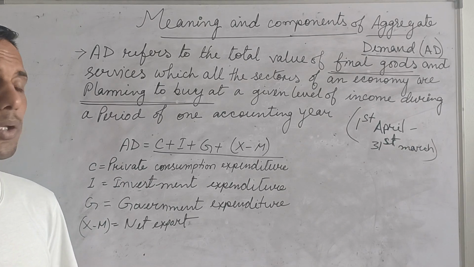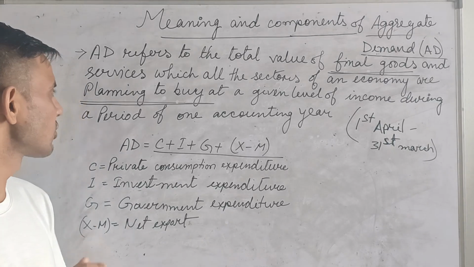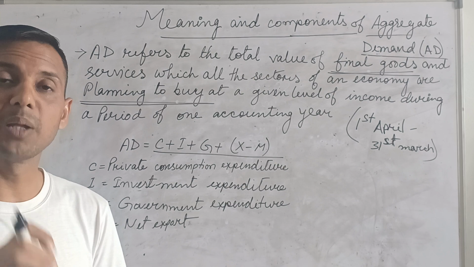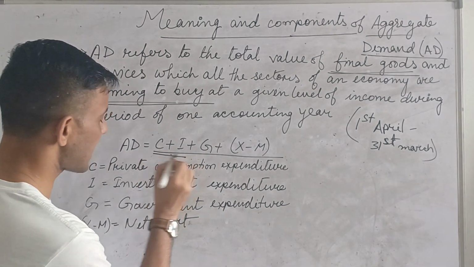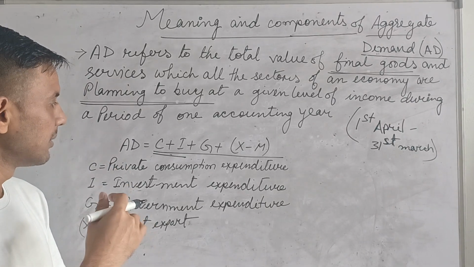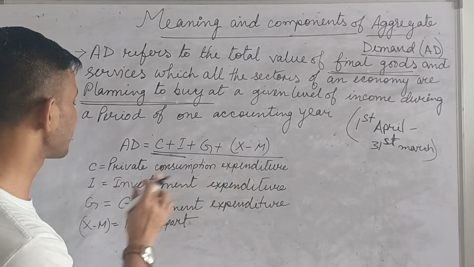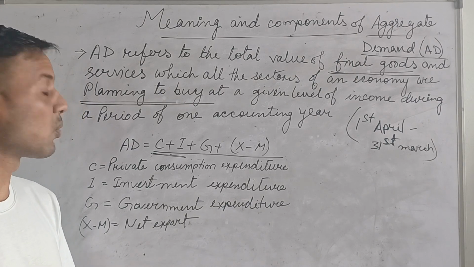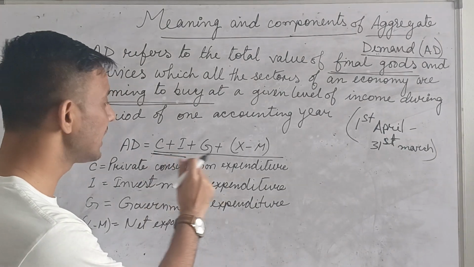Okay, but one thing you remember, in 2018 this question came like this: what are the components of aggregate demand in 2 sectors? Then you will write only C plus I. Even in this chapter we will discuss mainly the C and I. It means private consumption expenditure and investment expenditure.